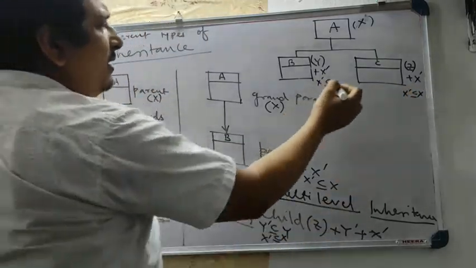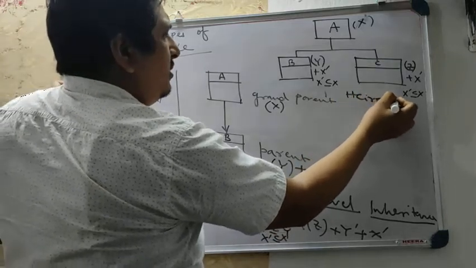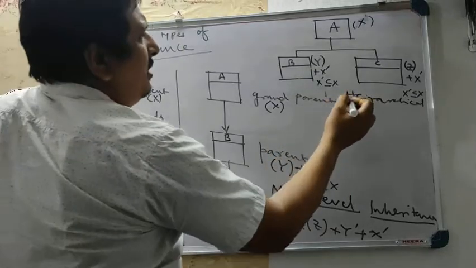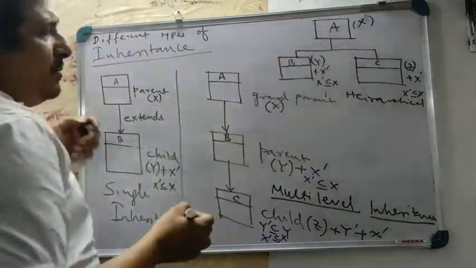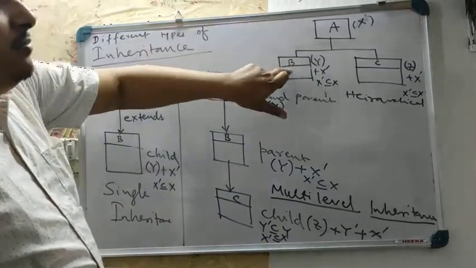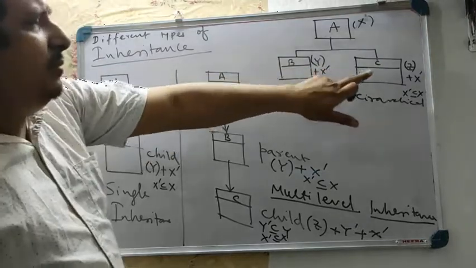Okay, so here it is hierarchical inheritance. Now here, remember there will be only one parent and more than one child. Here I am showing two for simplicity, but there is no limit.